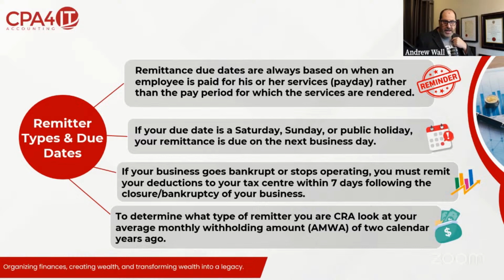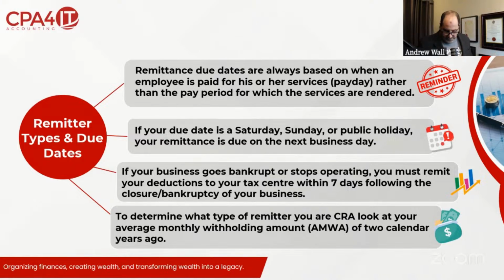So the average monthly withholding amount, if you were doing monthly payroll, would be: take your 12 months, total them up and divide by 12. Now, if you're only doing your payroll remittance once a year, whatever your remittance was 2 years ago will be your average monthly withholding amount.